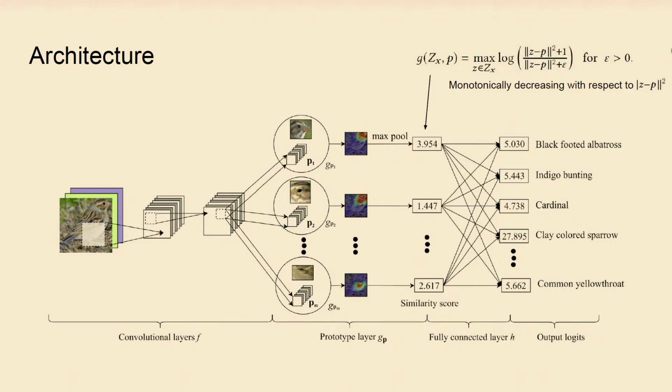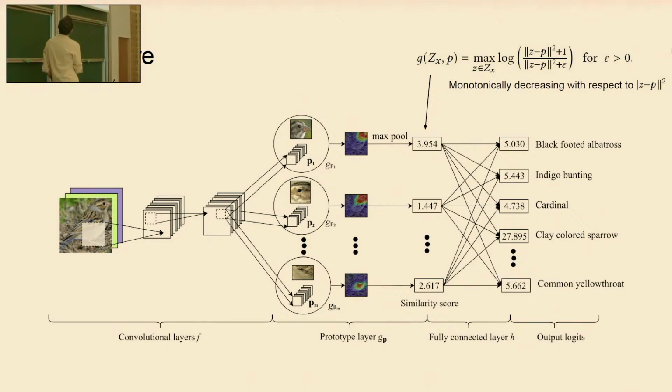Seven by 7, exactly. If the dimension of the representation is 7 by 7, then this map is also 7 by 7. And what we do, well, this is something uncommon or common, we take the maximum value.